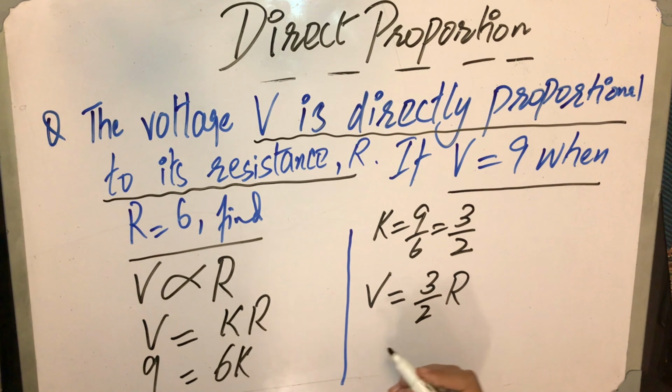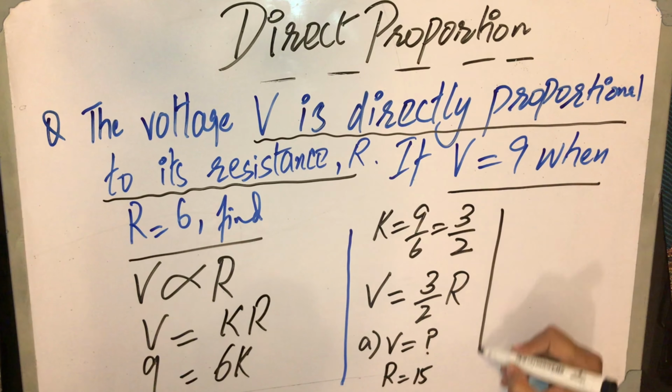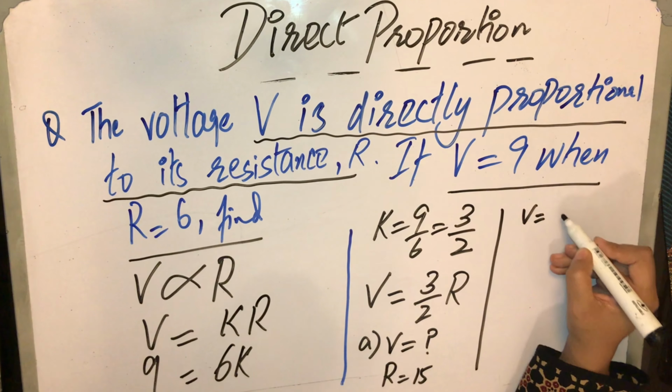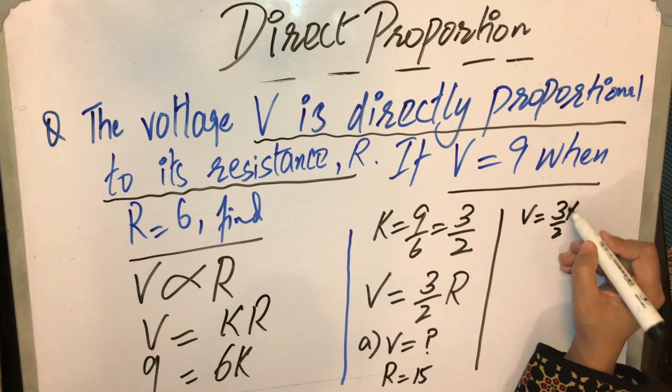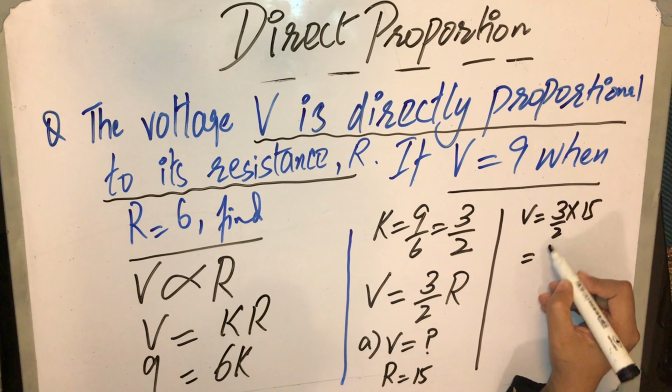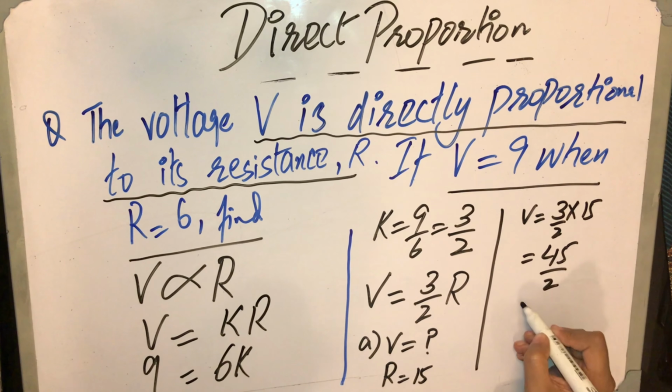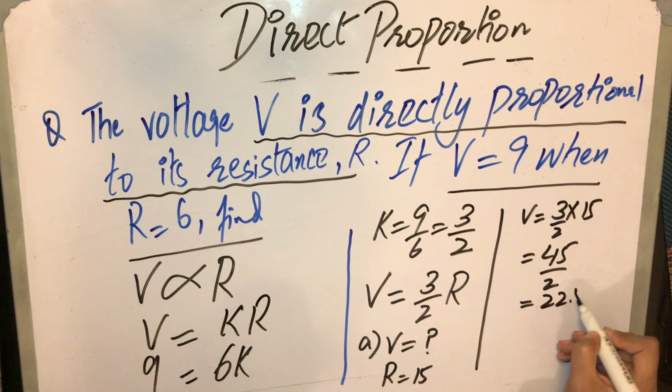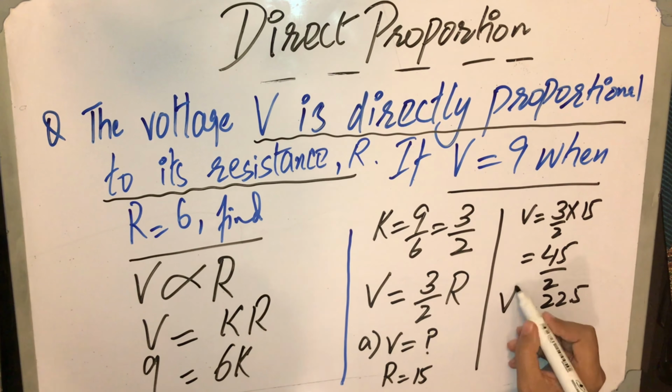We have to find the A part. We have to find V when R is 15. Just put 15 instead of R in the formed equation. This is 45 over 2, or we can say 22.5. Voltage is in volts.